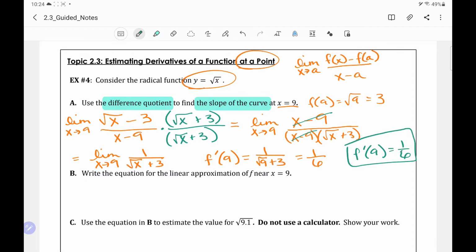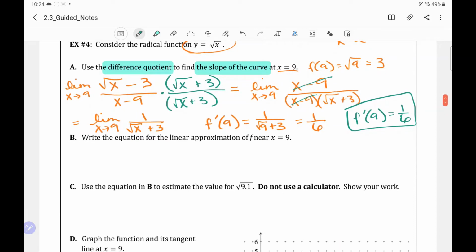Okay. So let's go to B. Write the equation for the linear approximation of f near x equals 9. This is a fancy way of saying write the equation of the tangent line. Remember, we already did in previous lessons, we used point slope form. So that's what we're going to do.